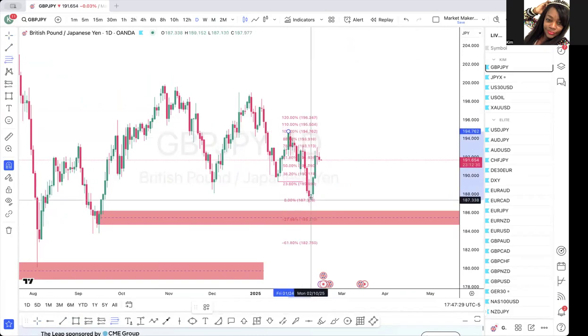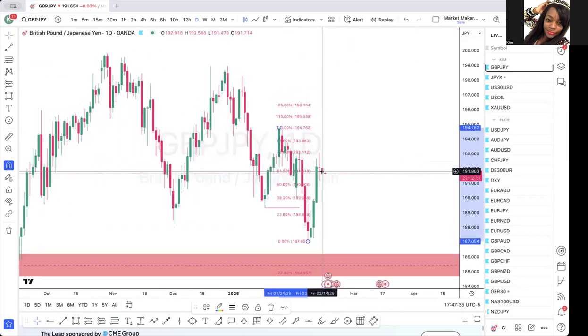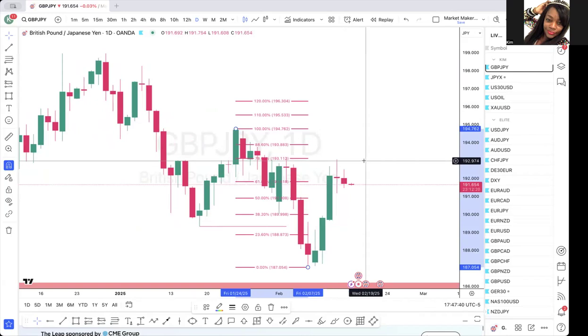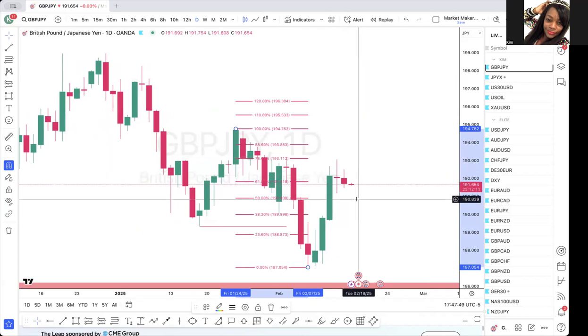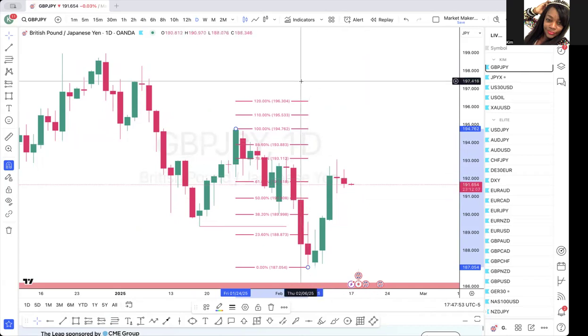So with that being said, you have the swing high and the swing low. Price pulled back to, it didn't quite pull back to the 78. However, I'm expecting it to pull back to the 78. And I'll tell you when. Hold on. We're going to leave that there for right now.